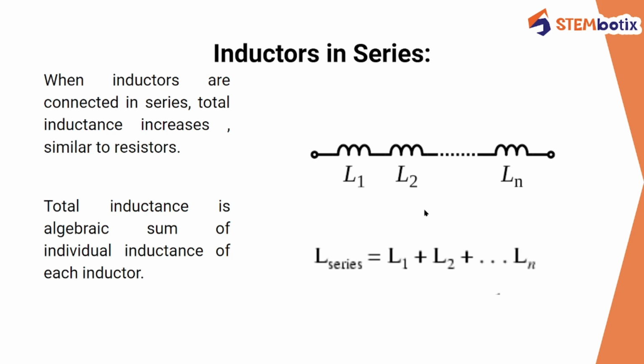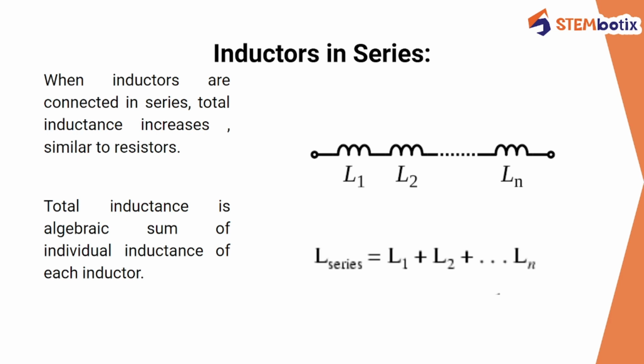Whenever n number of inductors are connected in series, the total or effective inductance in the circuit is equal to the algebraic sum of the individual inductances: L1 plus L2 plus up to Ln. So when inductors are connected in series, total inductance increases, similar to resistors.